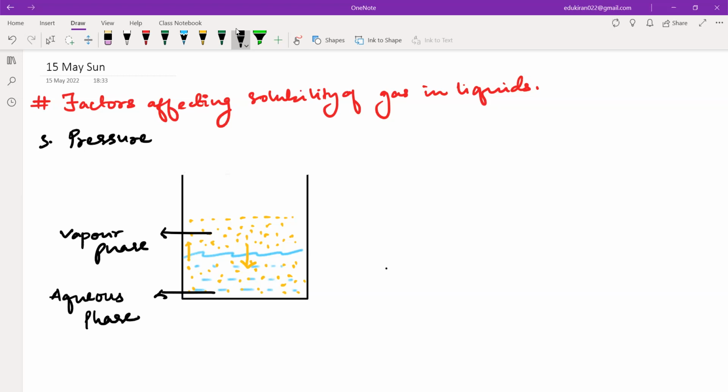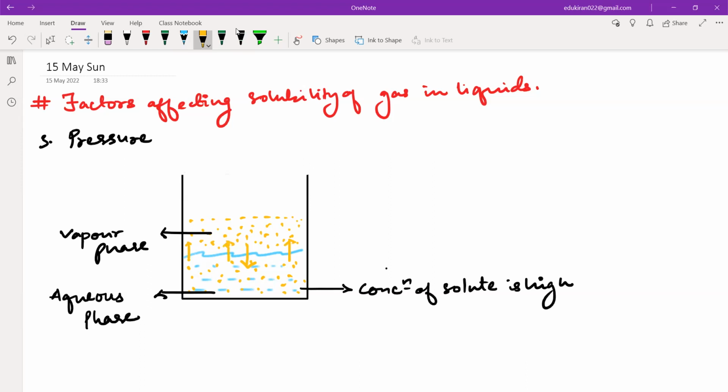Okay, now I can say that if the concentration of solute is high, that means we have a large amount of solute particles inside the solution, then can I say that the rate of escaping out will also be high?